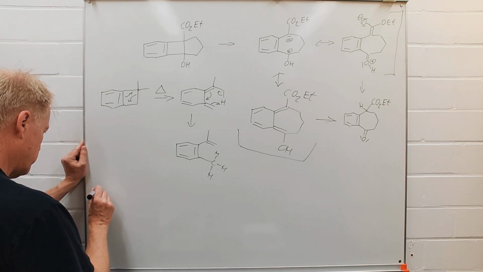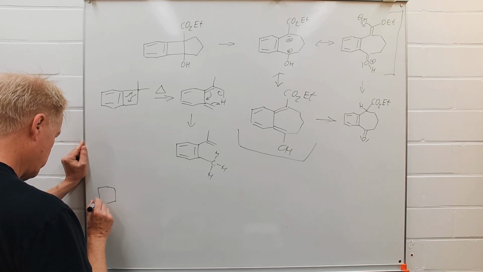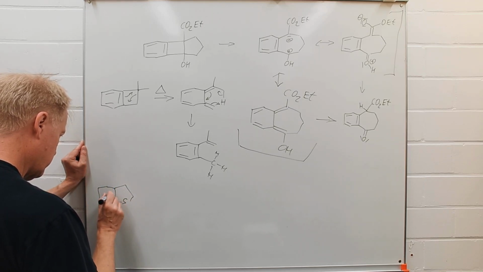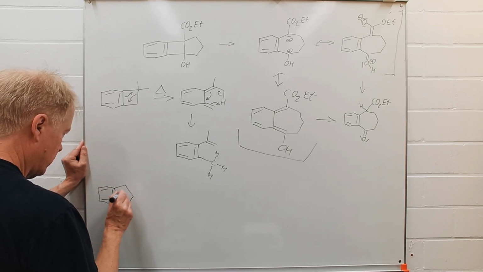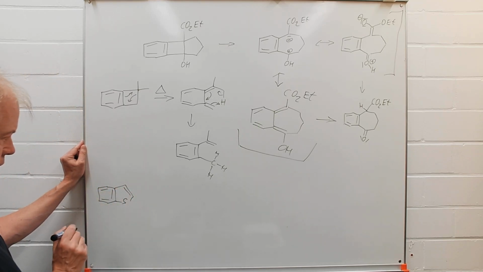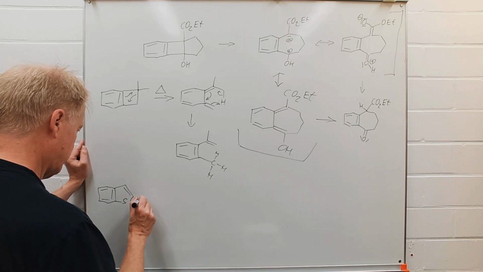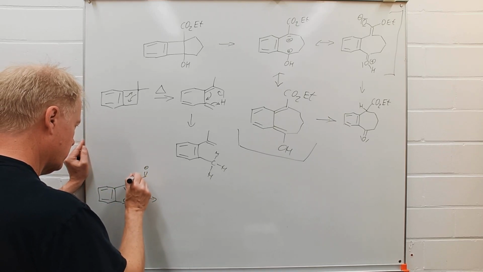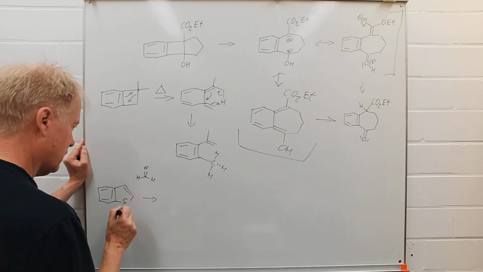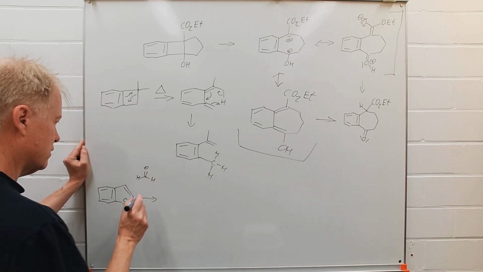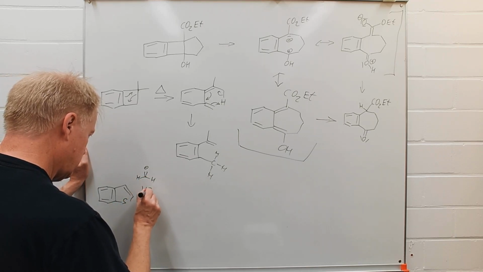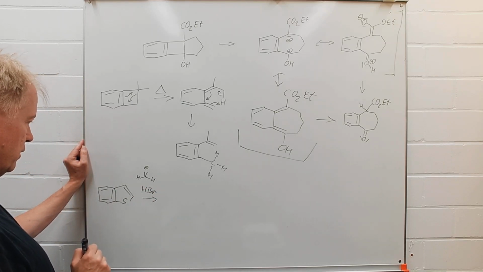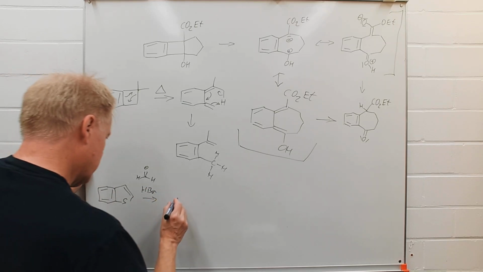From a preparative point of view, the following synthesis sequence is highly interesting. Benzothiophene treated with formaldehyde and dry HBr, that means HBr is introduced from the gas phase.